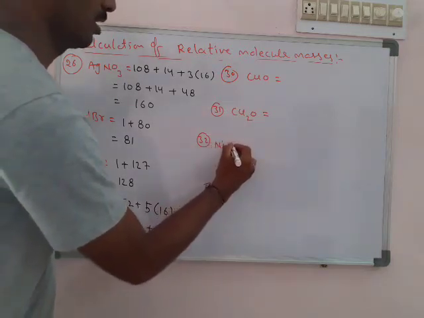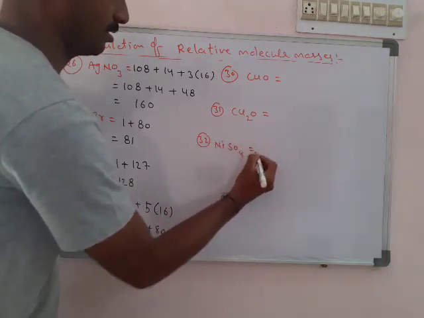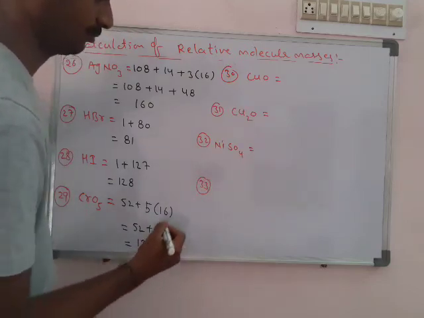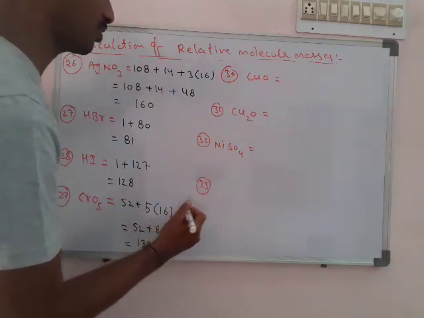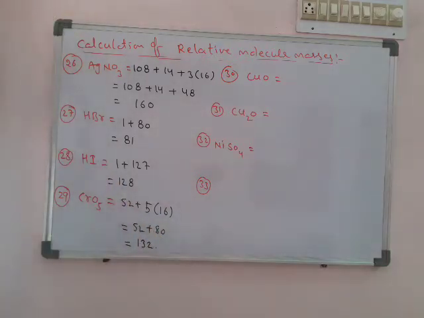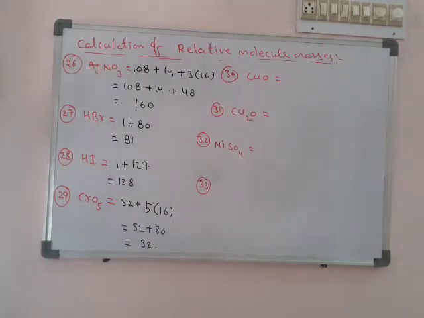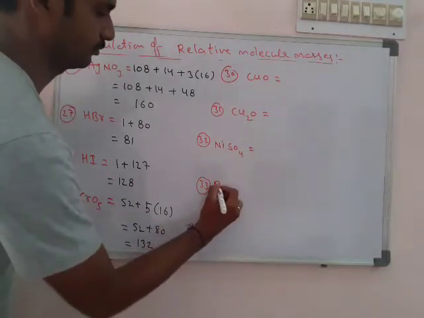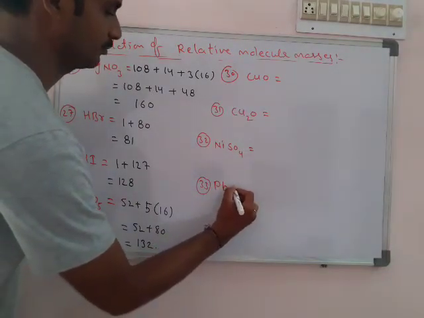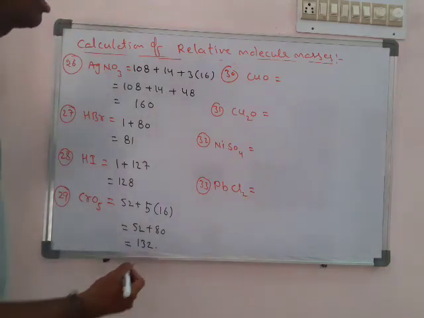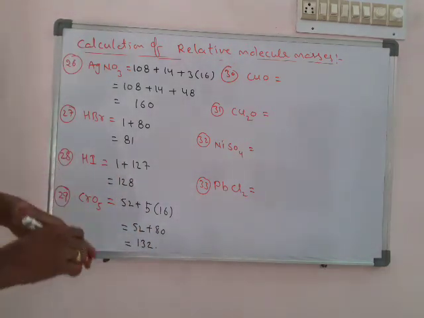Okay. Nickel sulfate. Okay. Next, potassium compounds, maximum completed. So next, lead chloride. Okay. Now we do these examples.